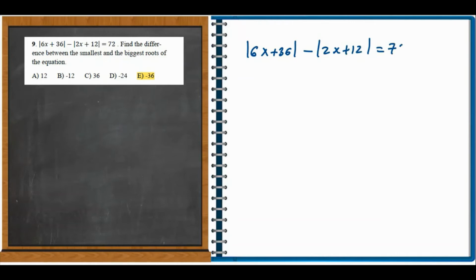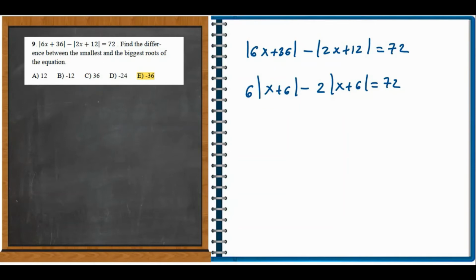At first glance, we don't see any relationship between these absolute values, but if we take 6 outside the absolute value function, we'll see 6 times the absolute value of x plus 6 and 2 times the absolute value of x plus 6 equals 72. Now we have like terms, we see the relationship.